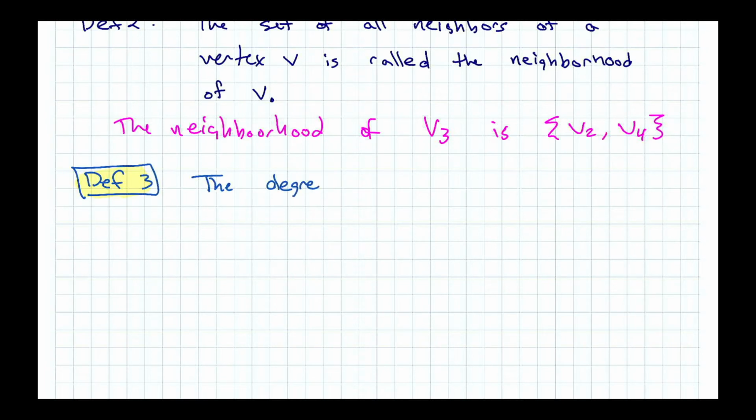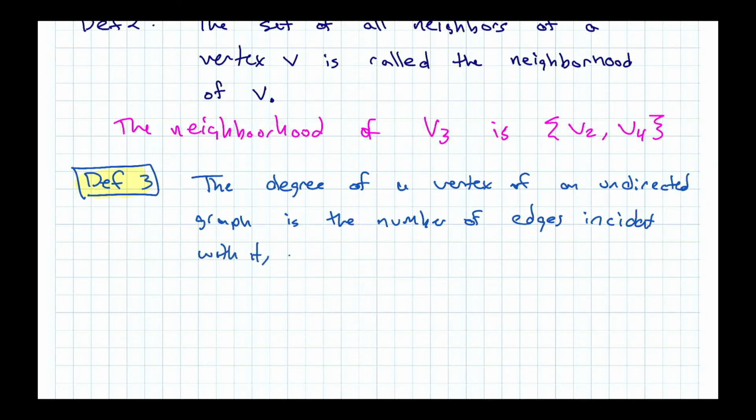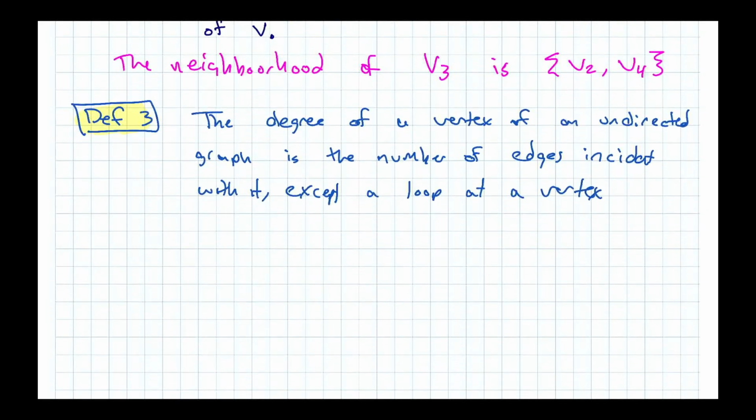The degree of a vertex of an undirected graph is the number of edges incident to the vertex, except a loop at a vertex contributes twice to the degree.